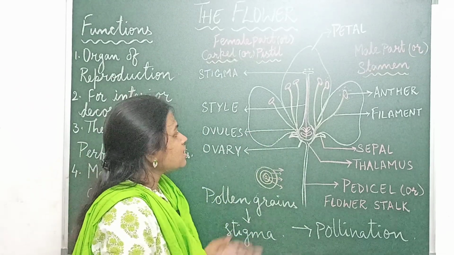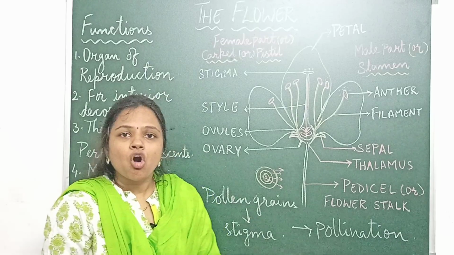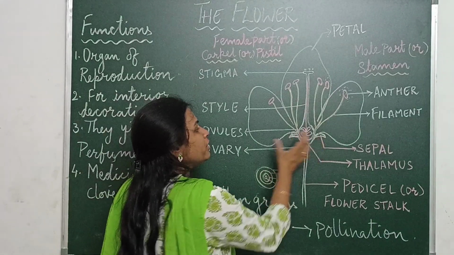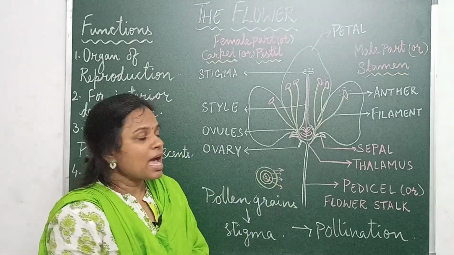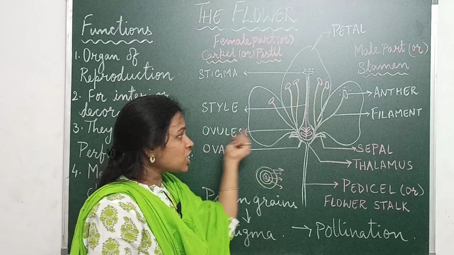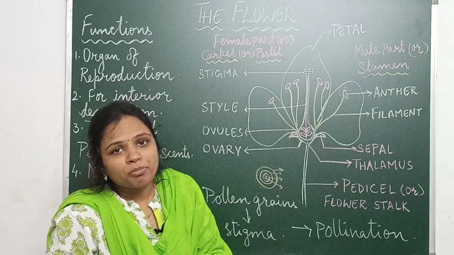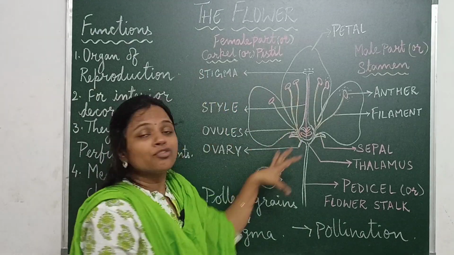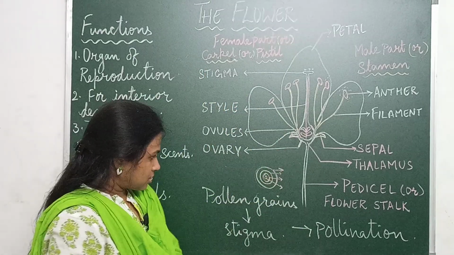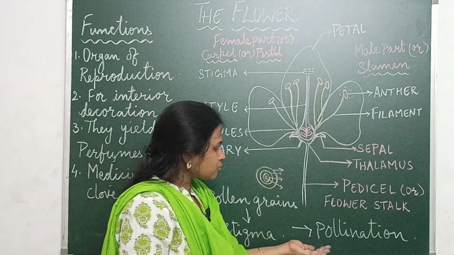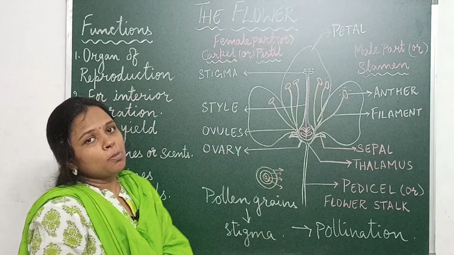This leads to the formation of fruit. Understood? The ovary swells up and forms into the fruit, and the ovules present inside form into the seeds. This is how fruit formation takes place. In this context, we need to concentrate mainly on the process of pollination.